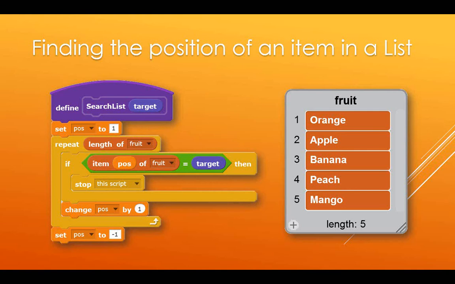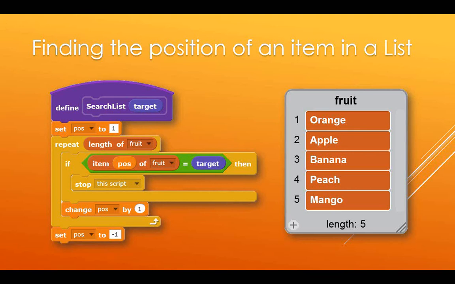If it is, then we stop the script. How's that going to help us? We've got our variable, pos. Remember, when you create a variable, it automatically puts a variable monitor on the screen, and you'll be able to see what the value is when it stops. So you can see what position it is in the list.